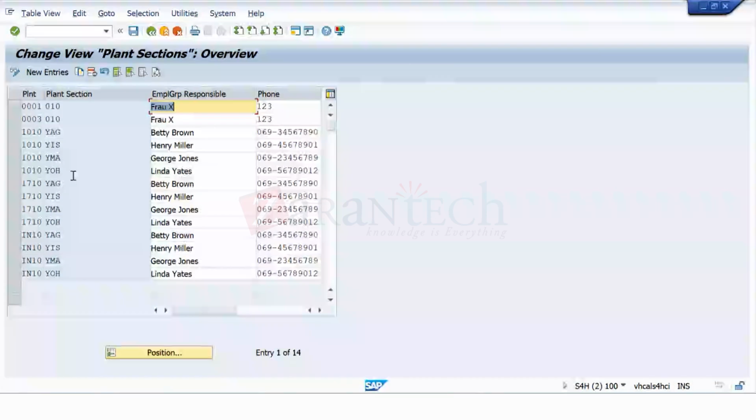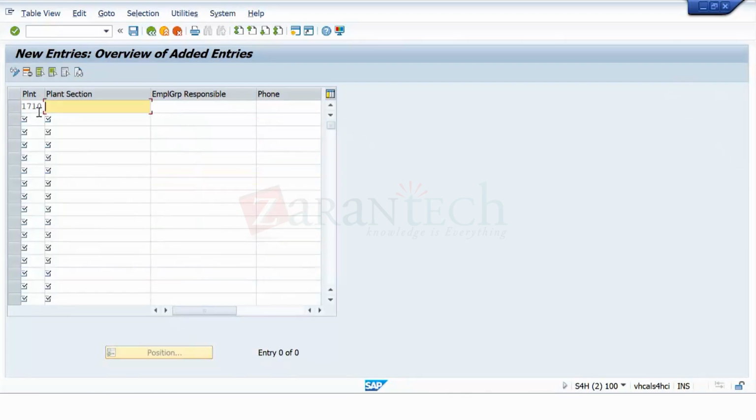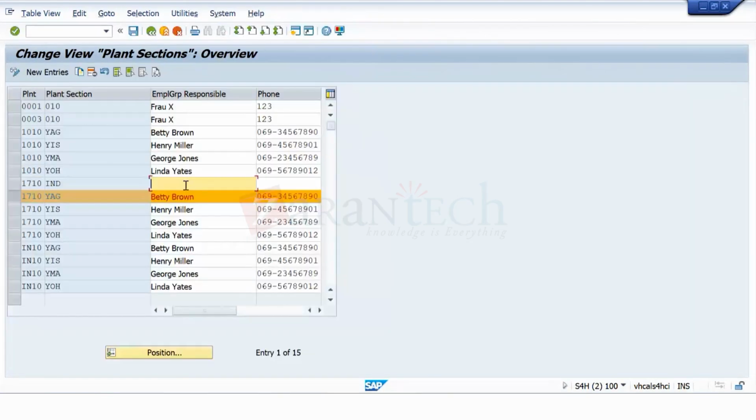So here, we are going to define our plant sections. If we have any plant sections, then we can simply define them. What is actually required? We simply want a plant name and the section name. Is it only for reporting purposes or does it control something? It's only for reporting purposes. It gives you a brief idea where things are going and who is responsible.